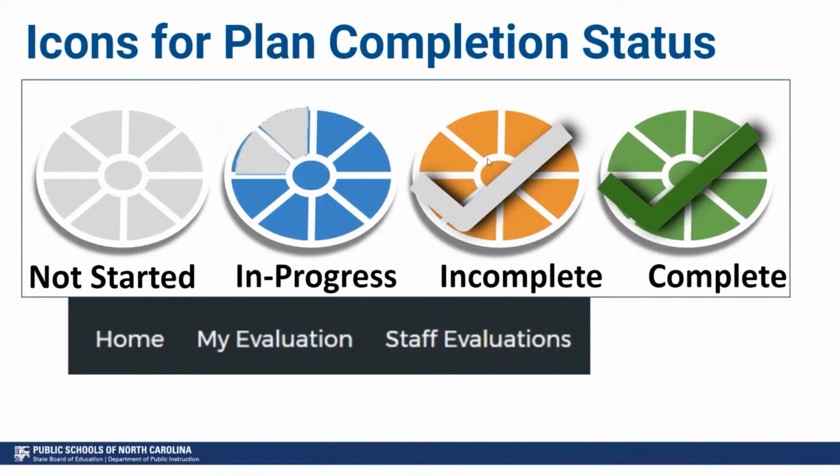They just maybe need to finalize something, or somebody has reopened that activity. So orange can mean two things. It's almost complete but still incomplete, or somebody has reopened the activity and it must be fixed or updated, and then somebody needs to close that reopened activity. And once you see the green check mark in the green circle, the activity is marked complete.